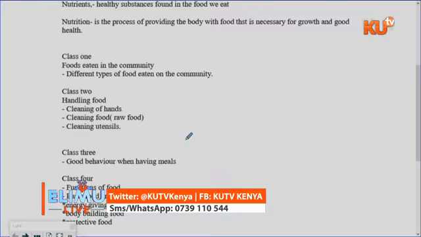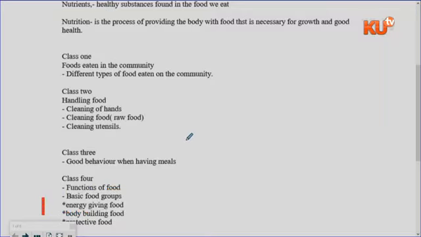And 3, how to clean utensils. If you have eaten something and it has oil on it, you are supposed to wash with soapy water, and it should be warm. That is what we learned about food in grade 2. You can realize in classes 1, 2, and 3, this topic was known as foods because the word nutrition was somehow hectic to learners.